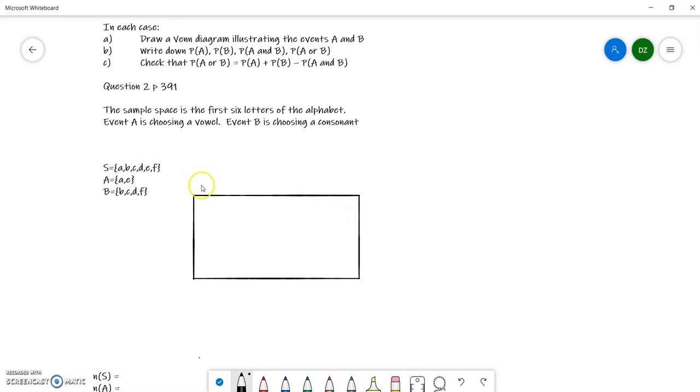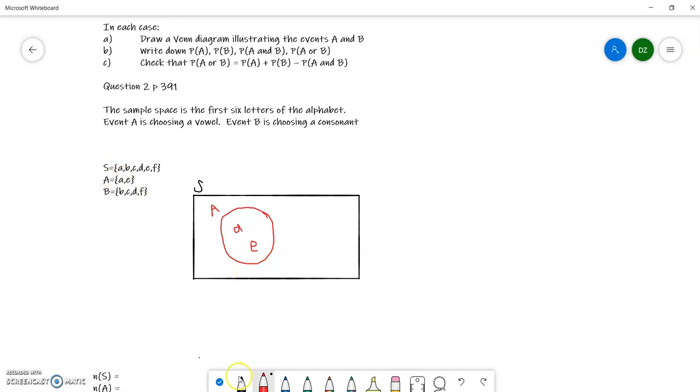So that is my entire sample space, and I'm going to call it S. Now let's do event A. So the entire set I'm going to represent using the red circle, and I'm going to call it A. And A has got the letter a and e in it.